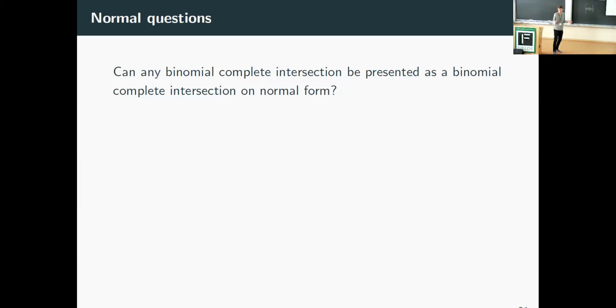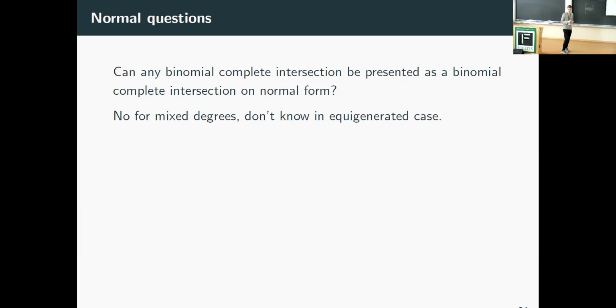That would be nice to know. However, this is not true in general. For mixed degrees, we have an example showing that this cannot be done. However, in the equigenerated case, we do not know. We have an example where we haven't been able to do it, but at the same time we don't have a proof that it can't be done. So that would be interesting to know.